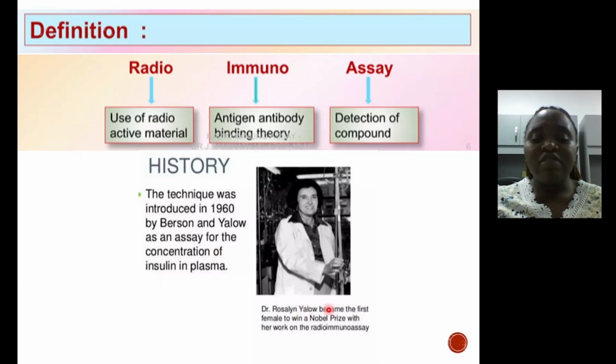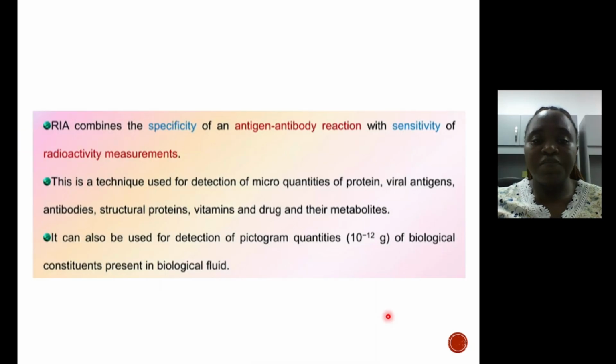Dr. Yalow was the first female to win a Nobel Prize for her work with radioimmunoassays.